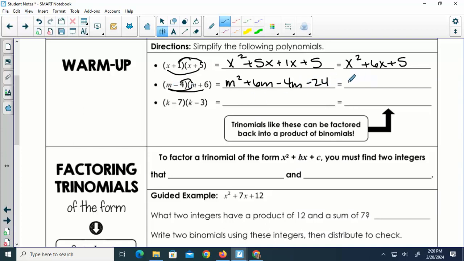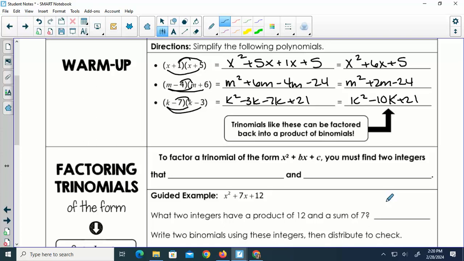So then if we add like terms, we have m squared plus 2m minus 24. Multiply these. K times k. Minus 7. So that gives us k squared minus 10k plus 20.